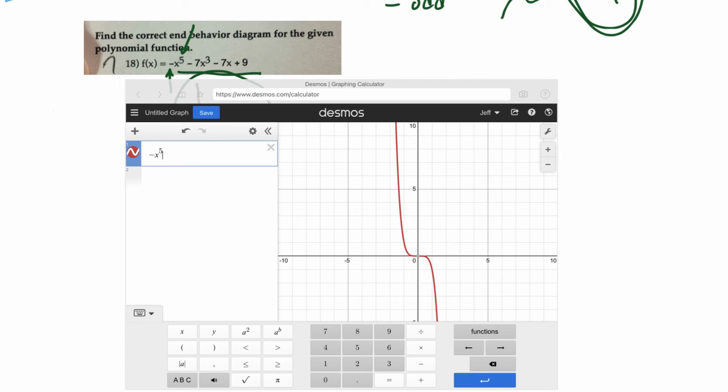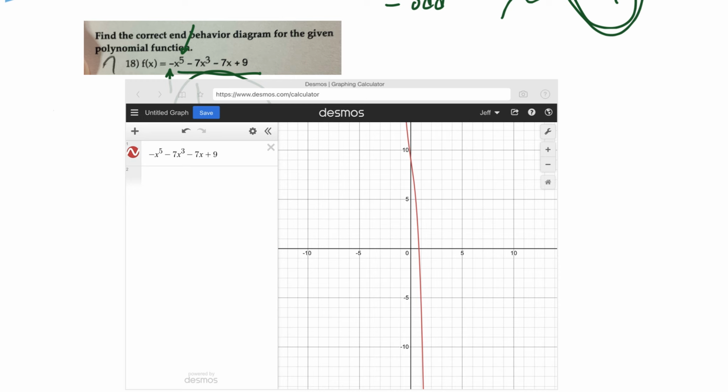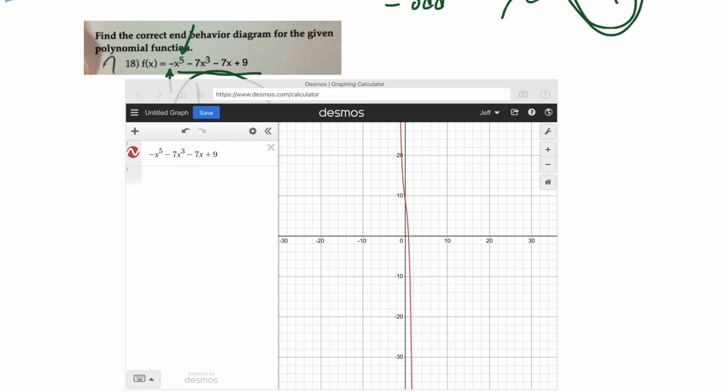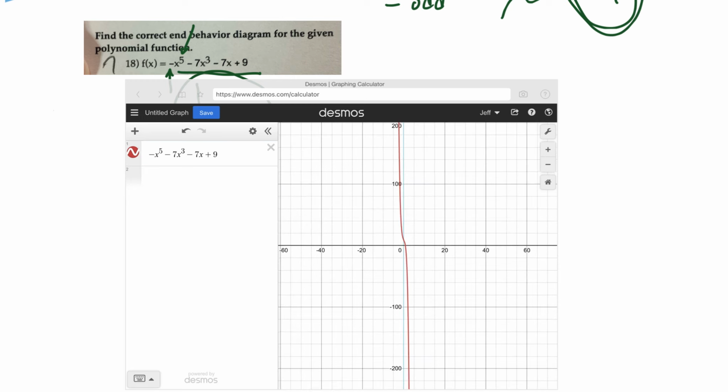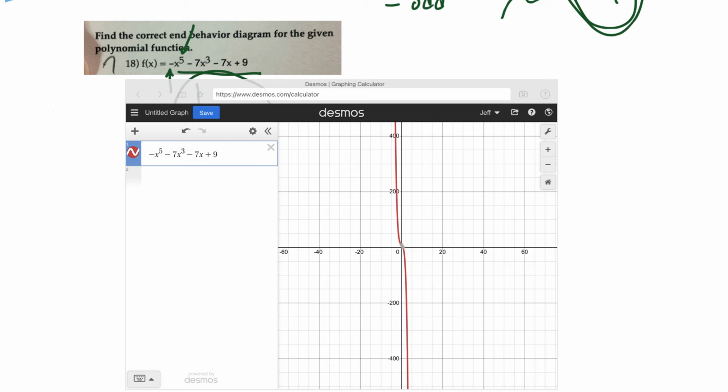The rest of it just is shape, but it doesn't change the general direction of it. x to the 5th minus 7x cubed minus 7x plus 9. There we go. So you look at that function. I'm trying to squish it. There, that's better.